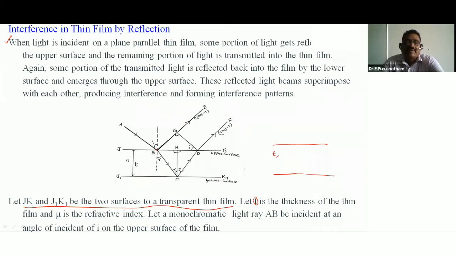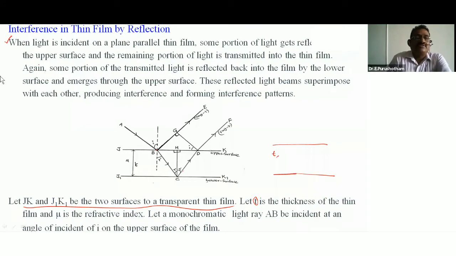Up to here, I explained. These reflected light beams superimpose with each other, producing interference, and the phenomenon or pattern formed is called interference in thin film by reflection.